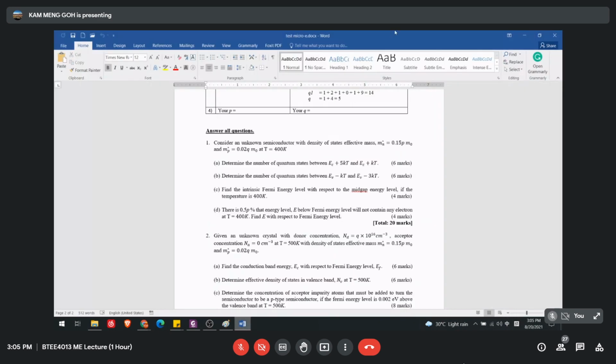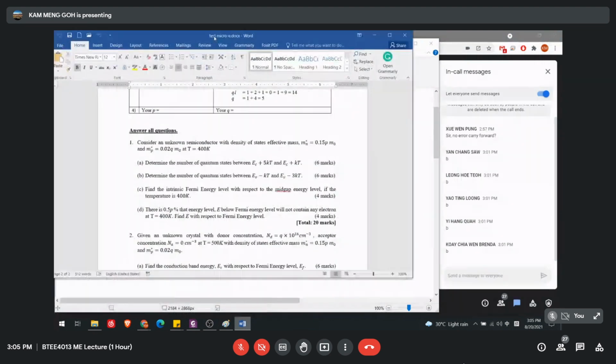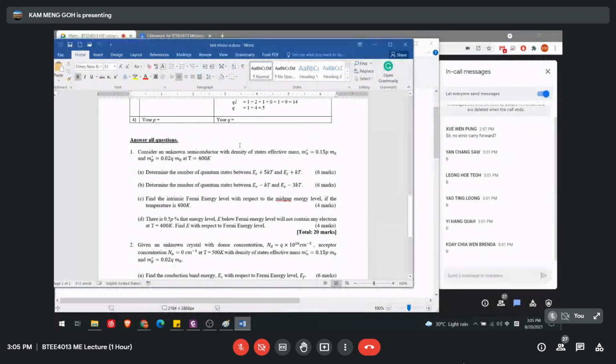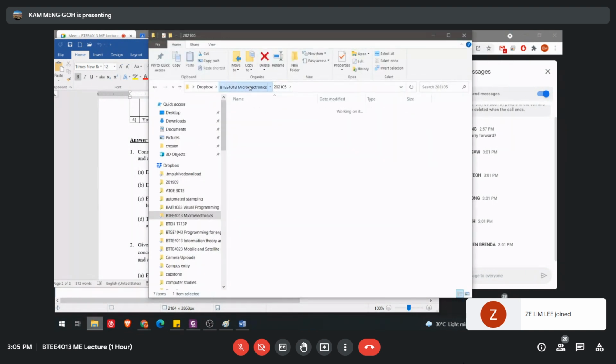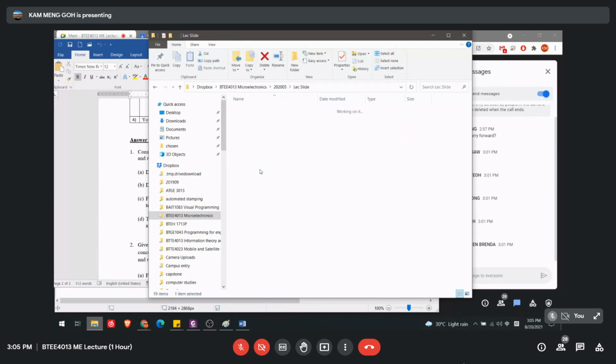So let's see question 1. Consider the unknown semiconductor potential state. If I do math, this thing is given, this thing is given, and then at T equal to 400K, determine the number of quantum states between this one and this one. As I showed you just now, the answer is like that. If you want to know which slide is talking about this, you may refer to slide 3.